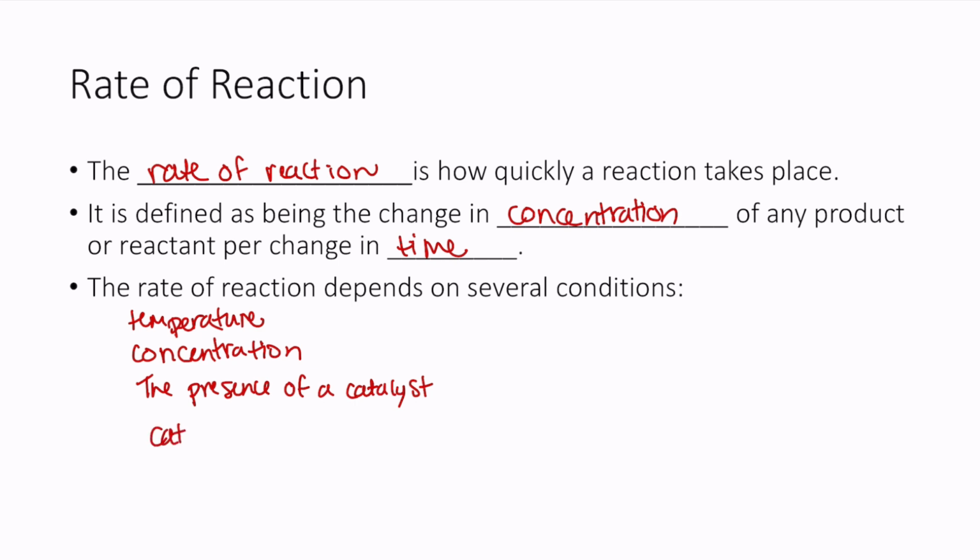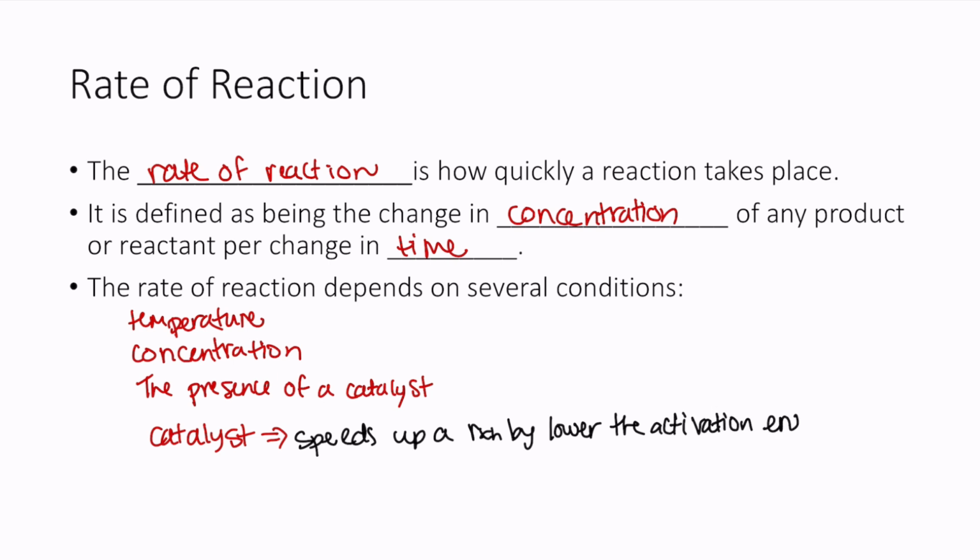Now, a catalyst is something that speeds up a reaction by lowering the activation energy. In other words, it provides a different pathway for the reaction to take place.